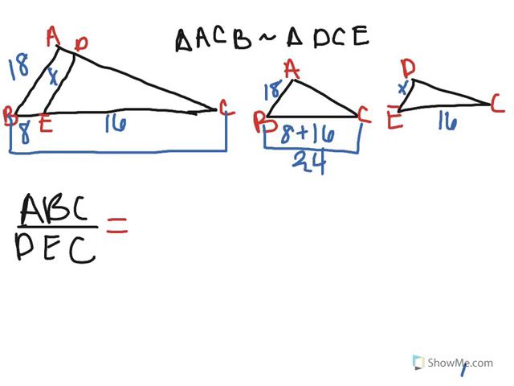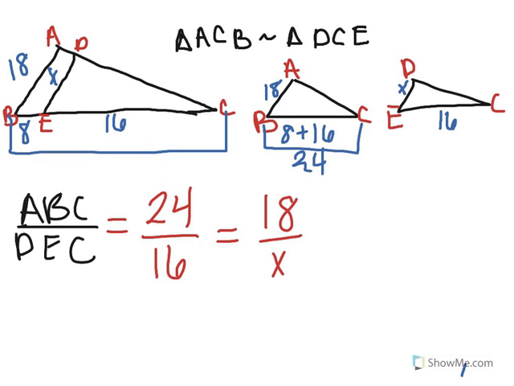Alright, so I'm given this bottom length on both of my triangles. For ABC, that bottom length is 24, and my bottom length on DEC is 16. And then with my side with the missing piece on ABC, that side is 18, and then on DEC, that's what I don't know, it's x.